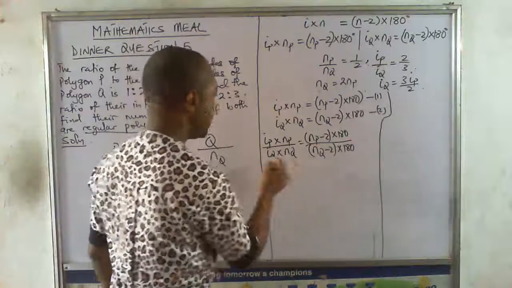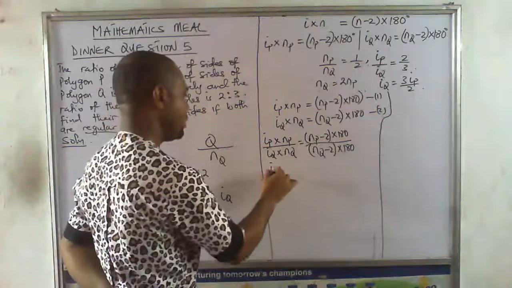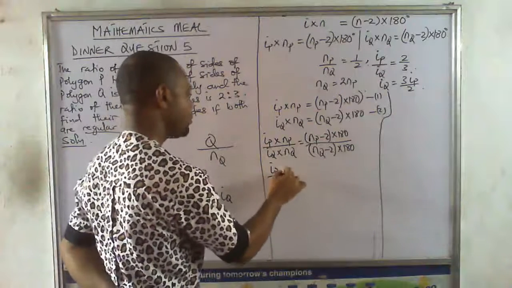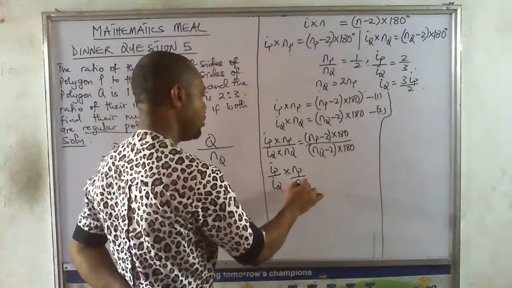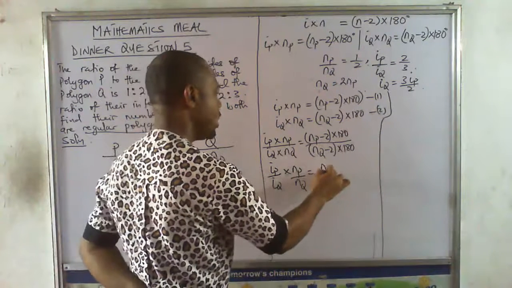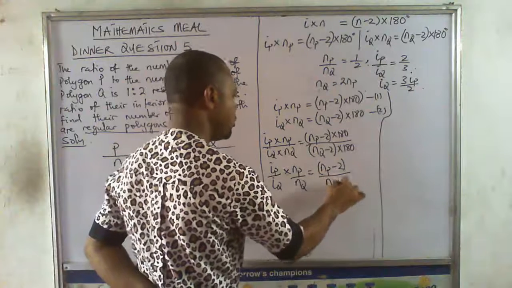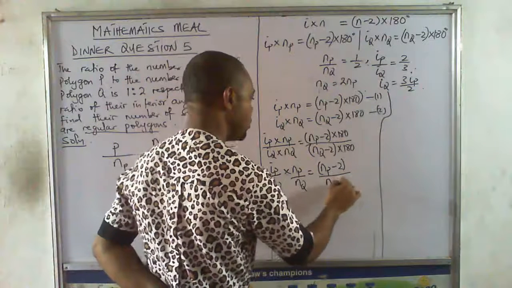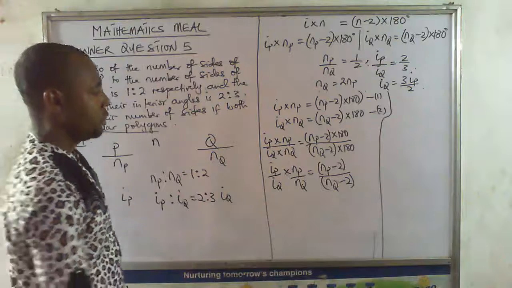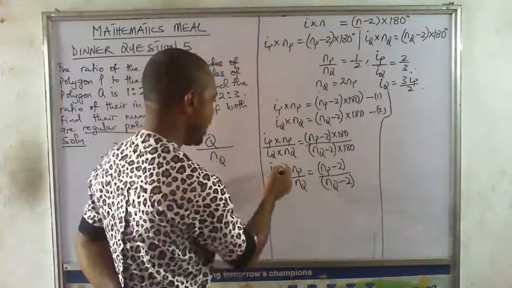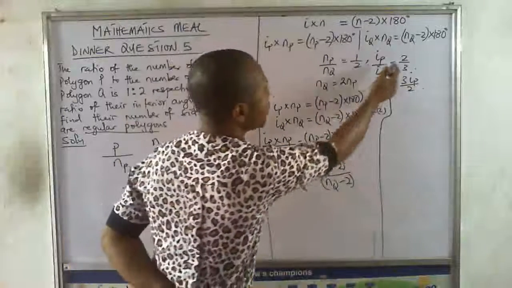So this can cancel out the 180. Then I can have IP over IQ times NP over NQ is equal to NP minus 2 all upon NQ minus 2. Okay? So it means that IP over IQ, we have it somewhere as 2 over 3.